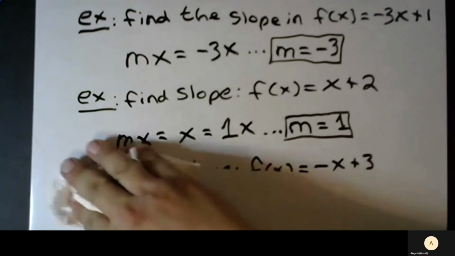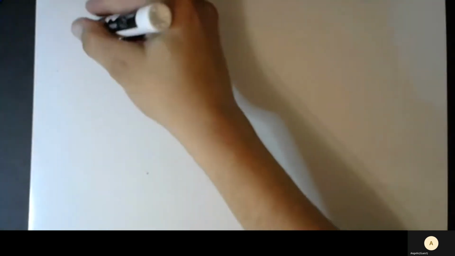A couple more sort of peculiar slope examples, just because slope can sometimes be a little tricky to identify.